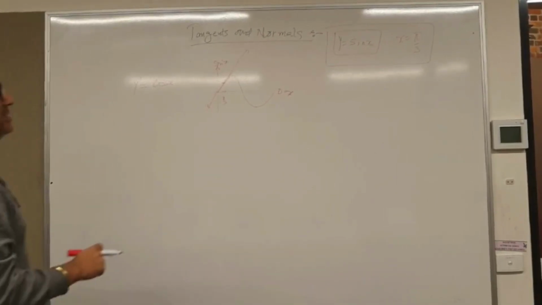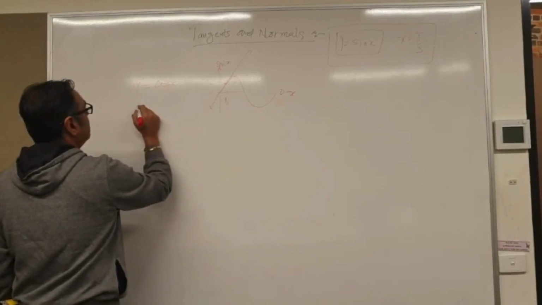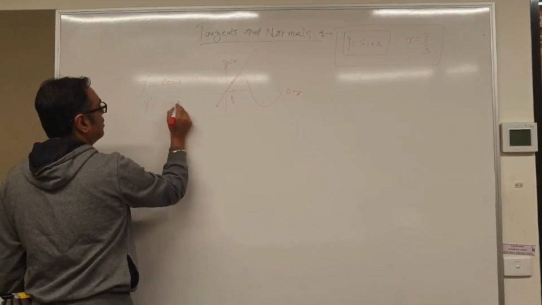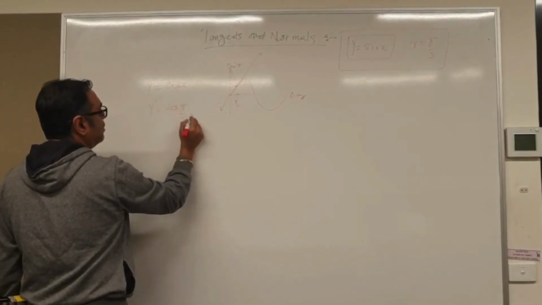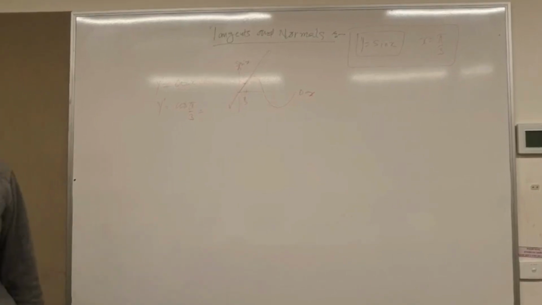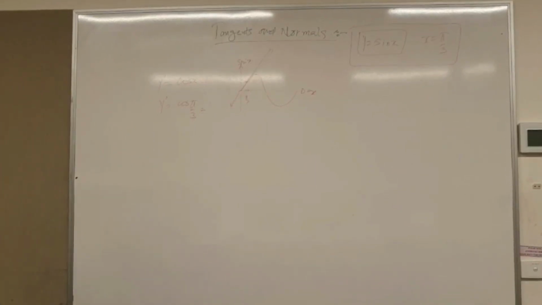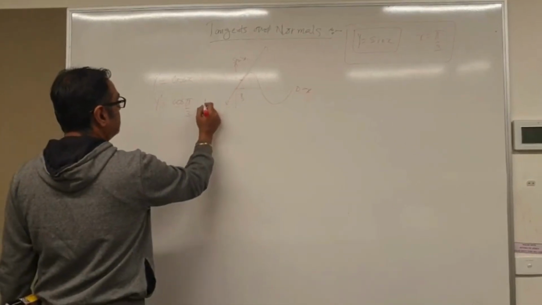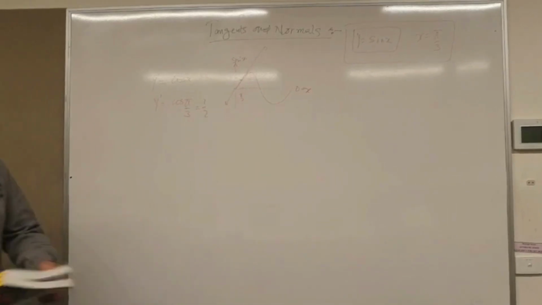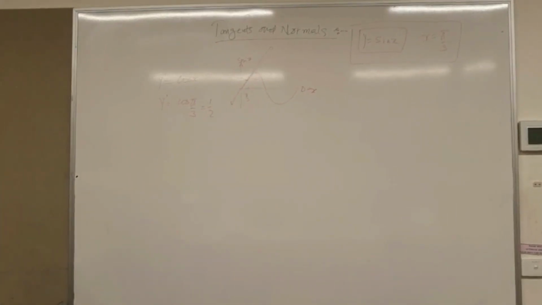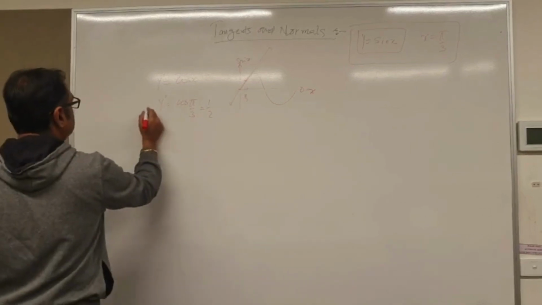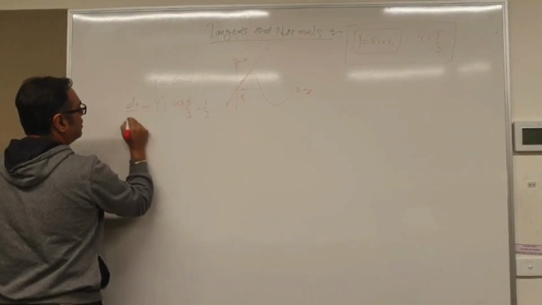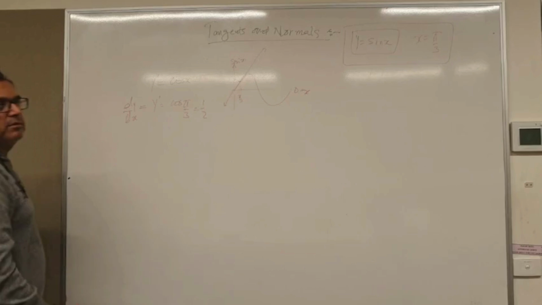Now you plug in x equals pi by 3. And what is that? If you look into your CAS, it is half. Right? Yes or no? Correct? So my y dash or my dy by dx or my slope is a half.